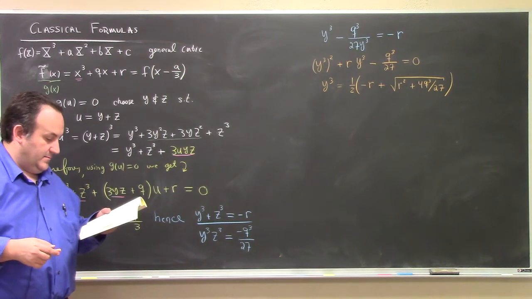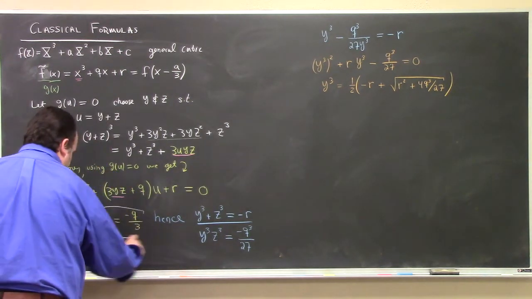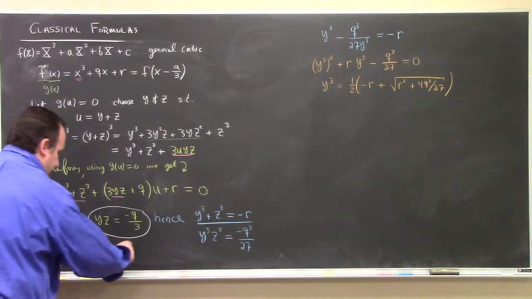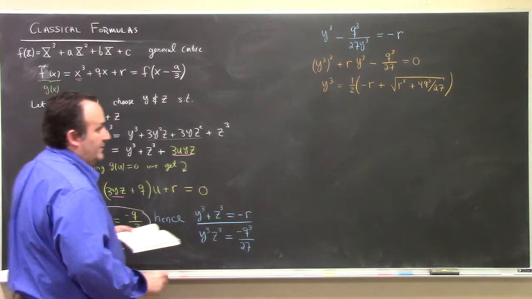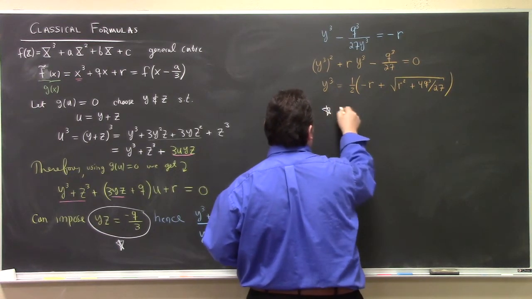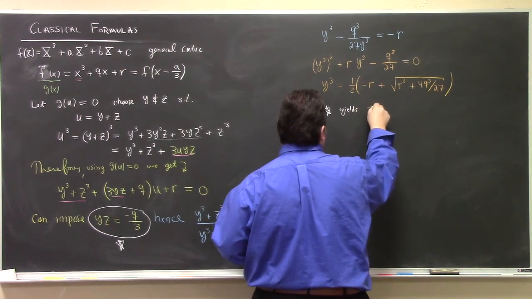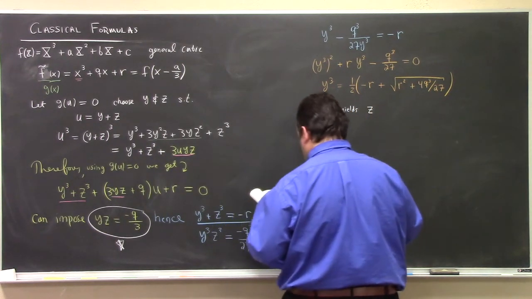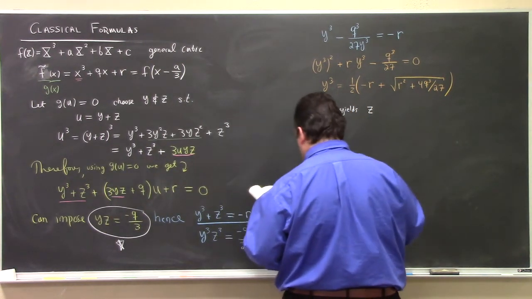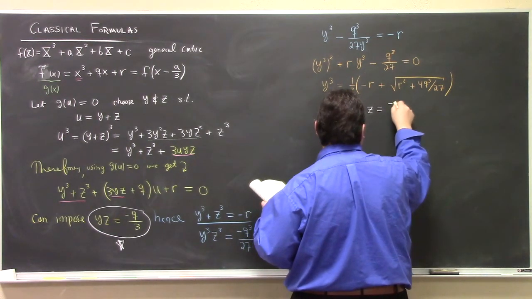And going back to this equation here, I'll call it star. So star, we just sub in for yz, yields what? z equals minus q over 3y.